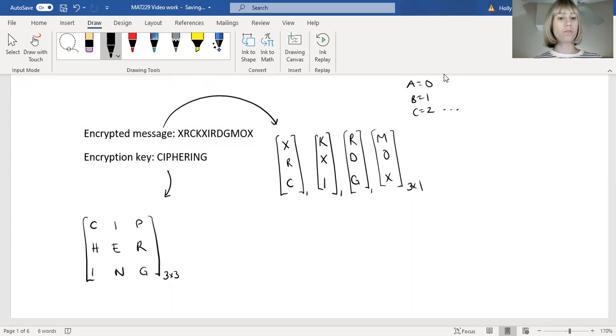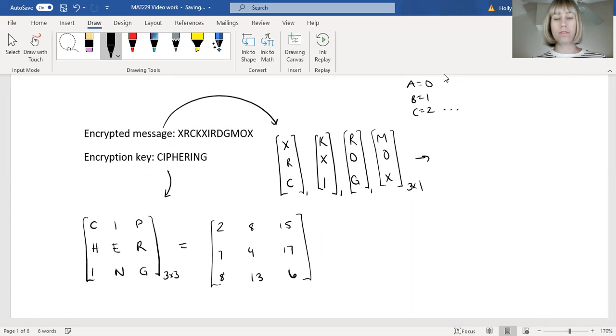For our encryption key, this is going to equal 2, 8, 15, 7, 4, 17, 8, 13, and 6.